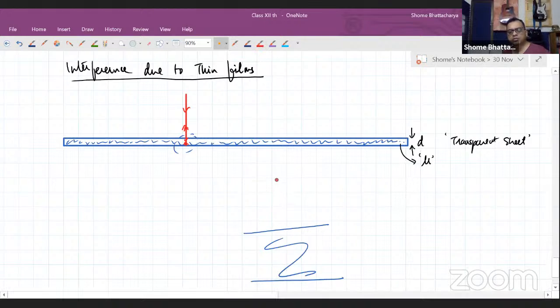So out of the incident beam, a certain amount of light is reflected back here, but a certain amount transmits in and is then reflected at the second surface. Not all of it is reflected, so there will be some absorption also. Okay. So in a typical situation, a certain percentage of light is reflected, a certain percentage is transmitted, and only a certain percentage is reflected back.